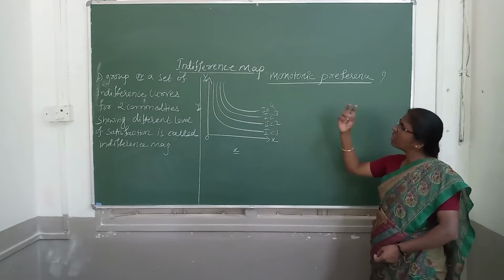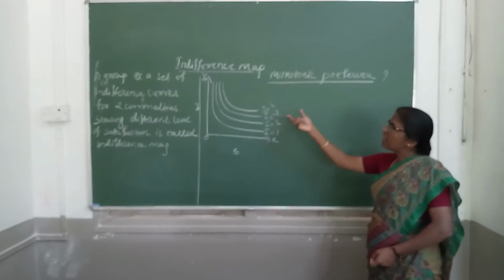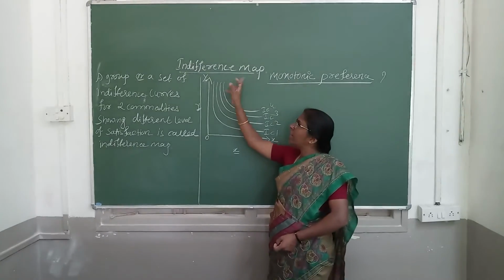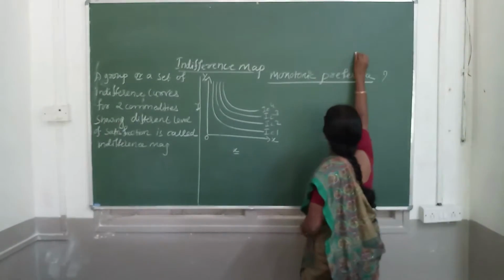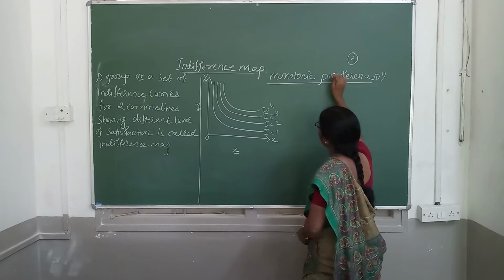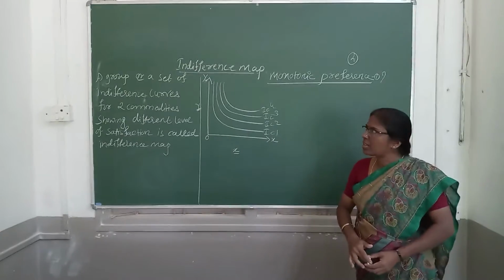So these are the 3 important concepts, the basic knowledge related to the indifference map, and it is asked for 4 marks and for 1 mark. Totally 5 marks are there in this concept. Is it clear?